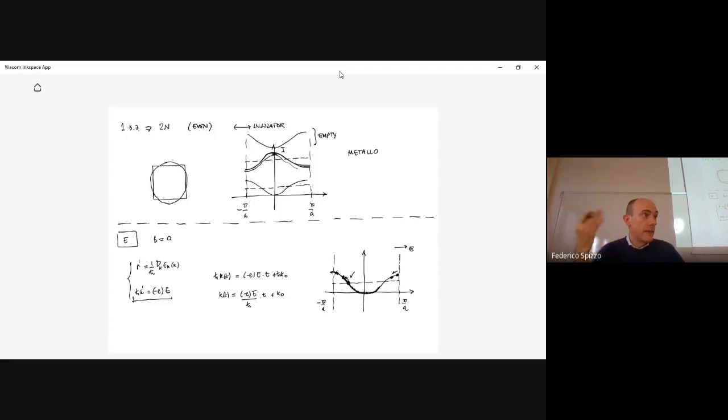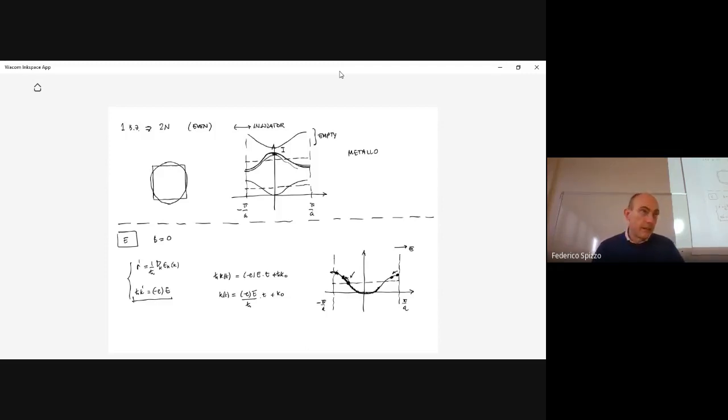So if you let the level evolve for an infinite time, the velocity of the level changes from positive to negative, positive to negative. So you have an oscillation of the current. In one case, current to the right, in the other case, current to the left, and so on and so on. So in principle, if you apply a static electric field, you should observe not a DC current, but an AC current.